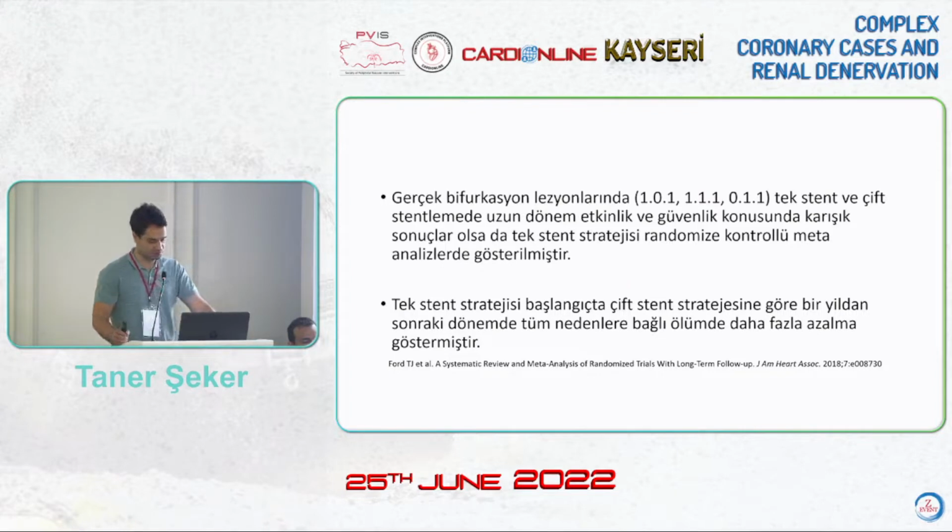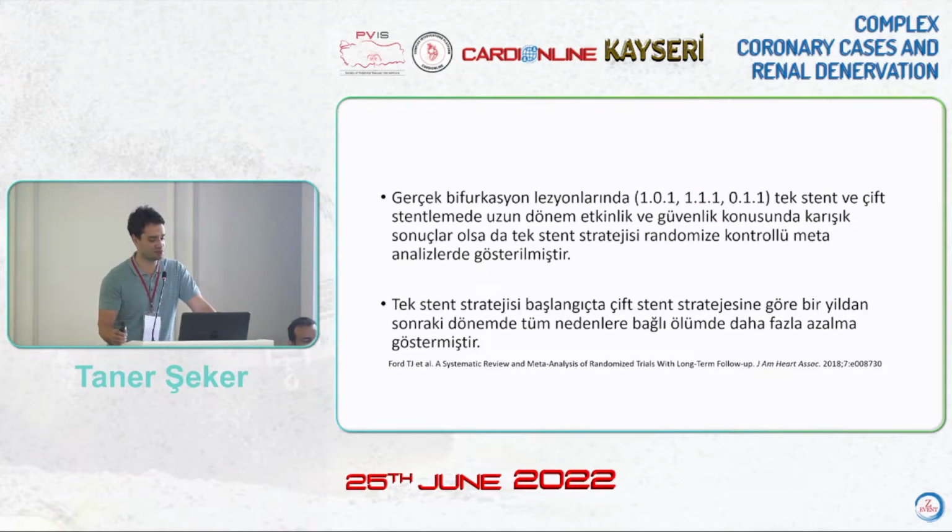We all see that in real bifurcation lesions, this may be 101, 111, or 011, and single or double stenting may be in question. To answer this question, there are some studies, but there's confusion about this.